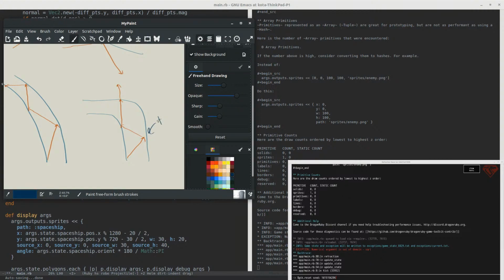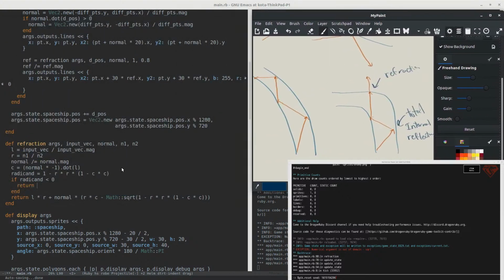I don't know, actually. I was debating about it. Versus this is refraction. I don't know if I want that behavior in the game, to be honest with you.